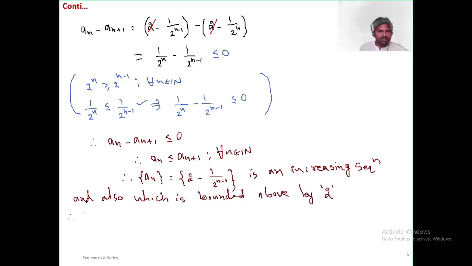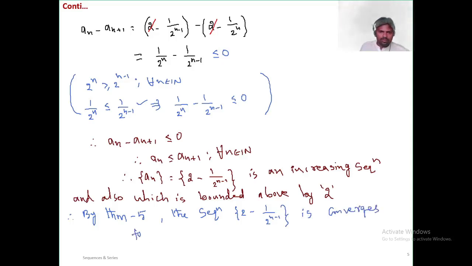By theorem number 5, the sequence 2 minus 1 upon 2 raised n minus 1 converges to its supremum.